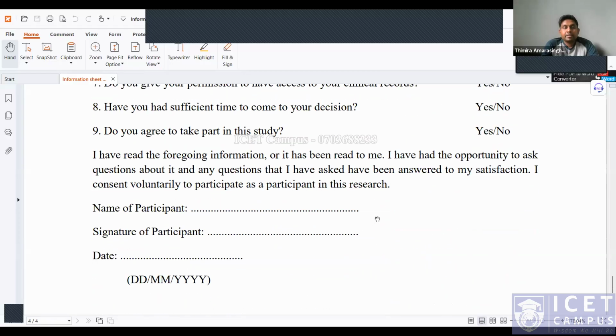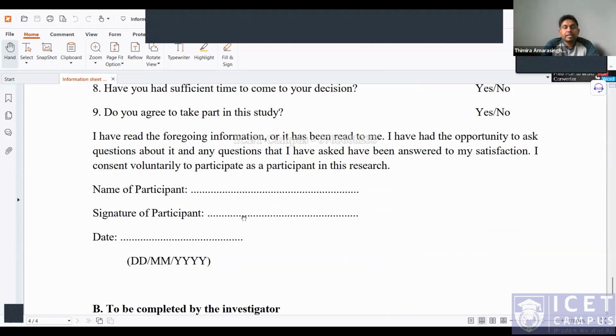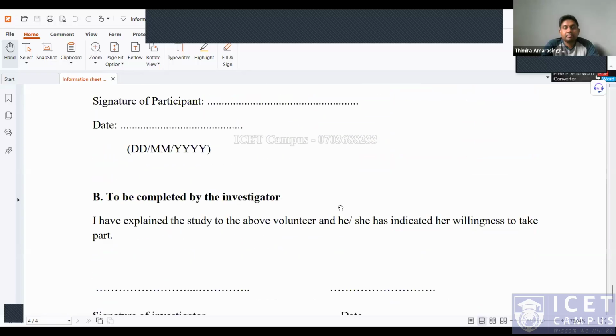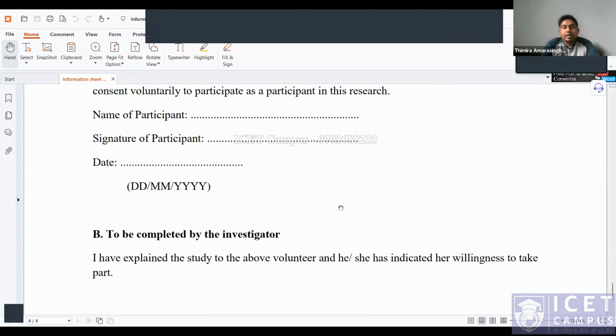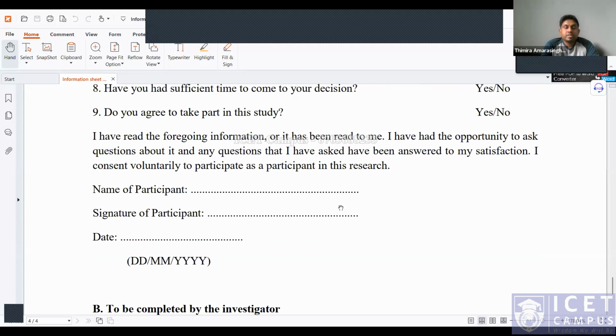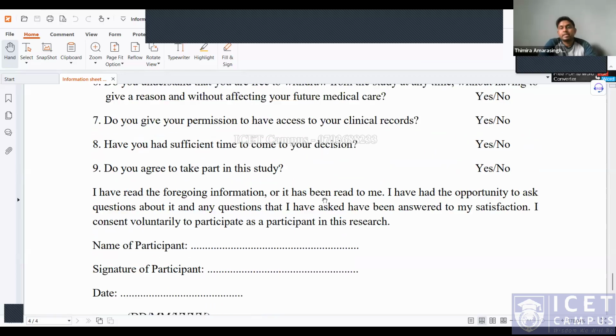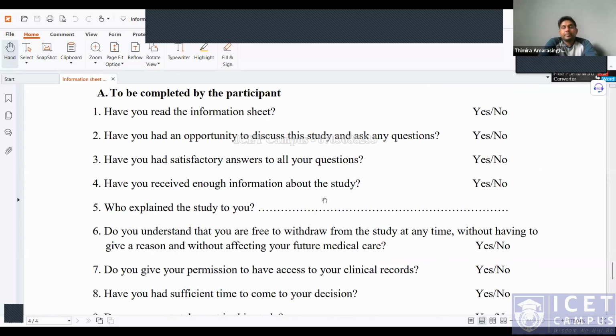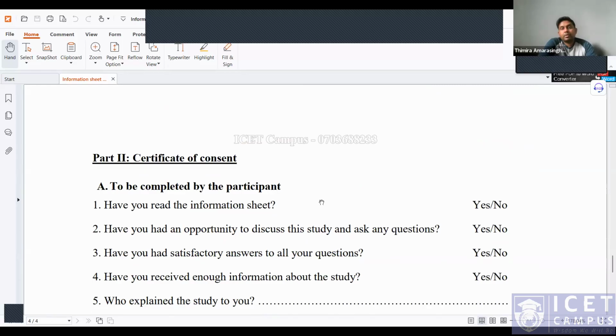So after that, we can get the name and signature of the participants, and this is stored separately because we are getting things like name and signature of the participants. Therefore, we are not entering this data or anything. We are just locking this consent form in a locker to protect the privacy and confidentiality of the personal data.